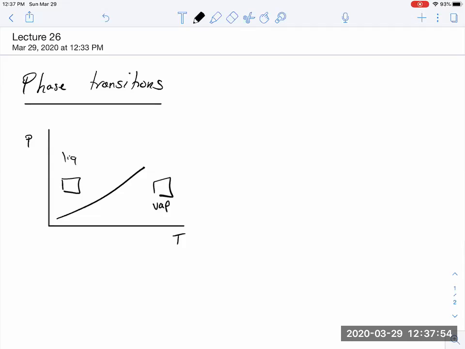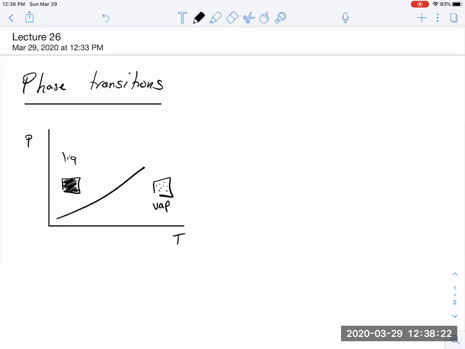And we know what distinguishes a liquid from a vapor fundamentally is its density. So we could depict that low density vapor state in that way, and the high density liquid state through filling in that box there. So this phase diagram summarizes which phase is stable under equilibrium conditions.